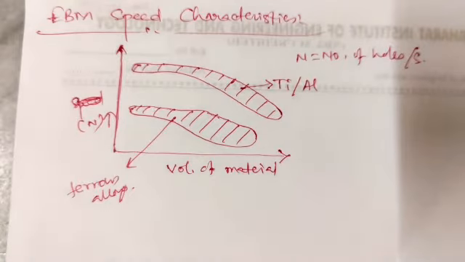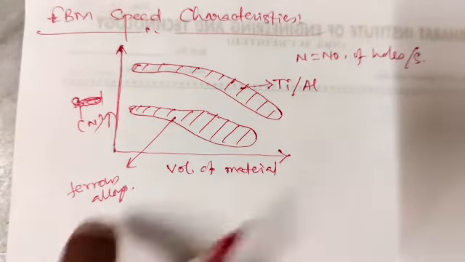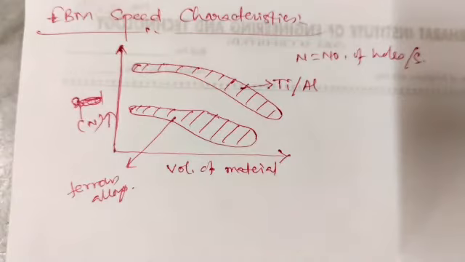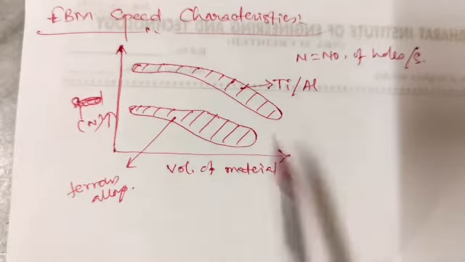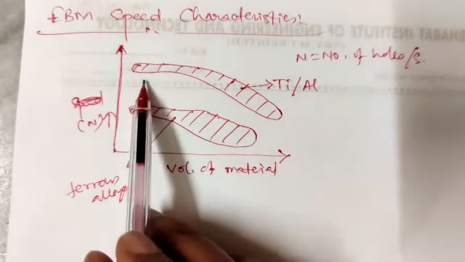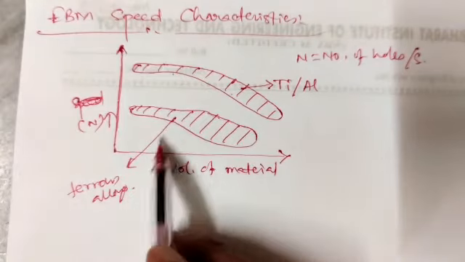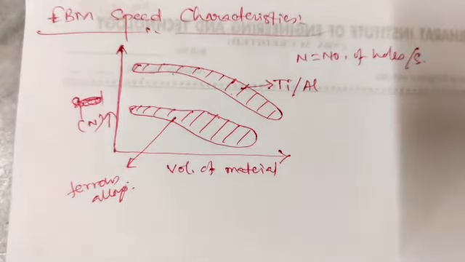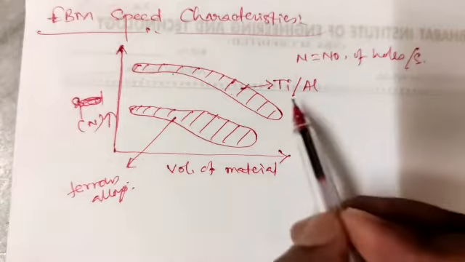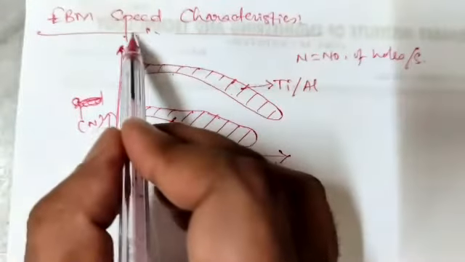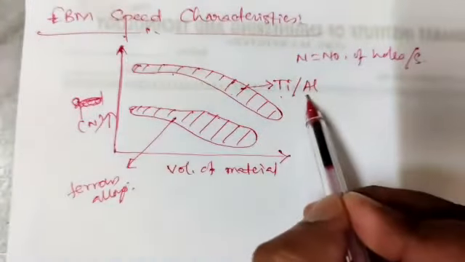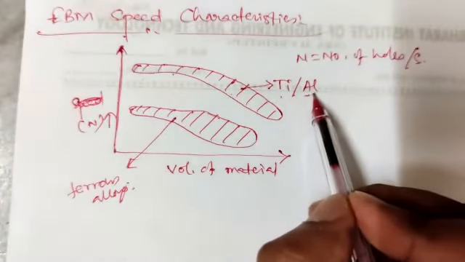What happens is that for titanium and aluminium alloys, the number of holes per second is more compared to ferrous alloys. That means the speed will be more in case of titanium or aluminium if we are machining it.